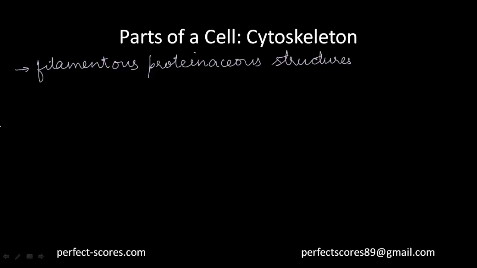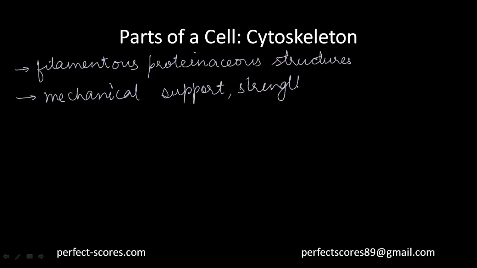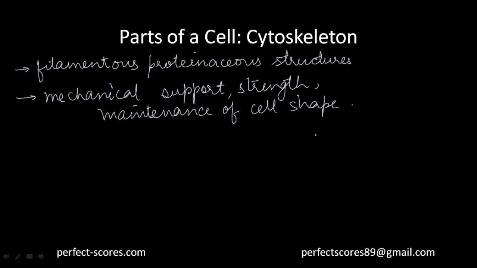And lots of functions are performed, but basically it is mechanical support, strength, and maintaining the shape of the cell. Maintenance of the cell shape. So that is the main function of the cytoskeleton.